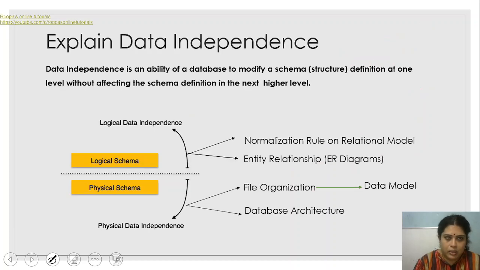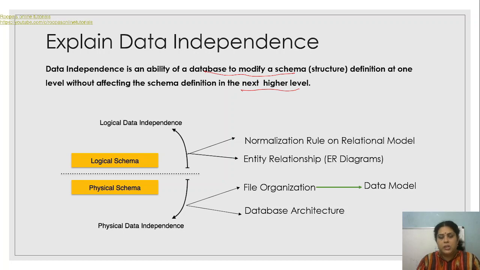There is another important term that we describe here, known as data independence. We should be aware of this definition: data independence is the ability of a database to modify a schema, which I told you is the structure of the database, at one level without affecting the schema at the next higher level.